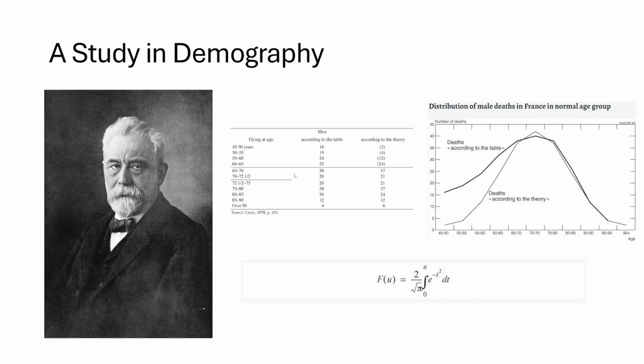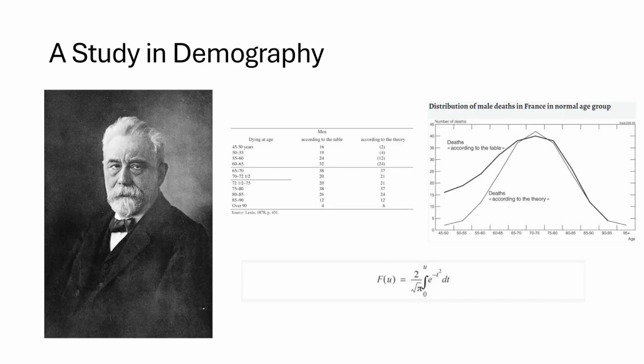What you see here is that at the beginning, at younger ages, they're really far off. The number of deaths is significantly lower for lower ages based off of this theoretical function. But as we get to the older ages, it becomes pretty spot on.